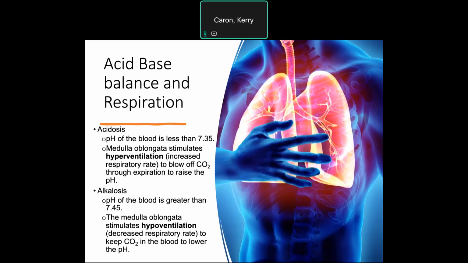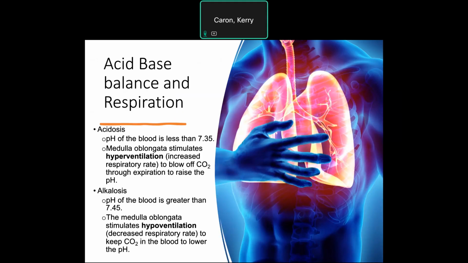So acid-base balance. We always talk about homeostasis, so our normal blood pH is between 7.35 and 7.45. When it's lower, it's more acidic. So if we have too much, remember CO2 is acid. So when we have too much CO2, we want to hyperventilate. We want to blow off that CO2.